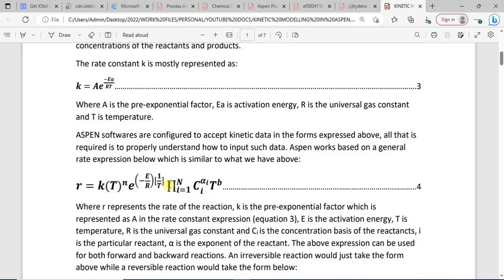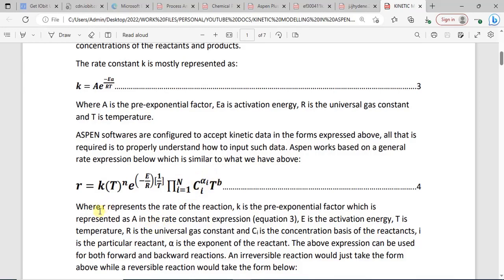So you have your product notation here. What this product notation signifies is that you are going to be multiplying the concentration of all the individual reactants in that reaction, right? So that's why you have the product notation pi, i to n. That means you are multiplying the concentration of all the reactants involved in that particular reaction, right?